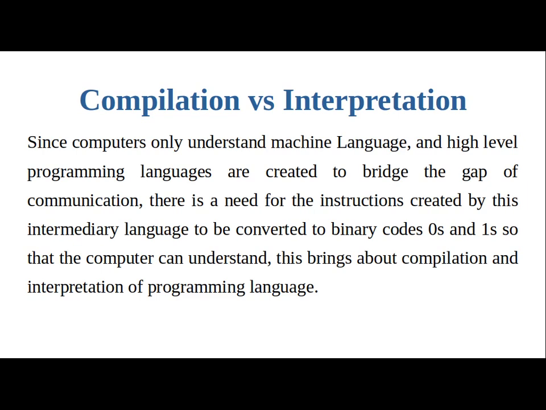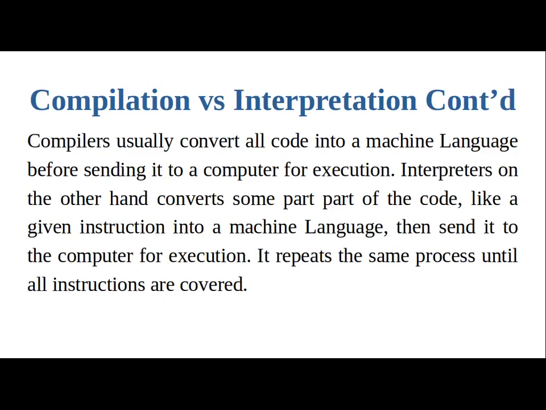So when we talk about compilation, compilation usually converts all code into machine language before it sends it to the computer for execution. For example, when you're working on the Windows operating system and you are programming in C++, it uses a compiler.